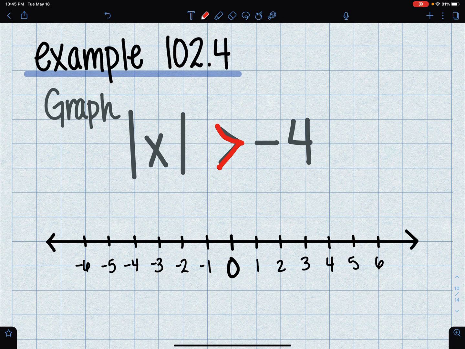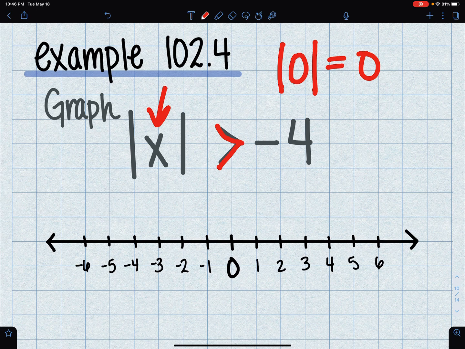Okay, so we want something that is going to end up being greater than -4. And it turns out that the lowest number you can get when you put anything here is 0, right? Because the absolute value of 0 is 0. That's rule B in the formal definition.